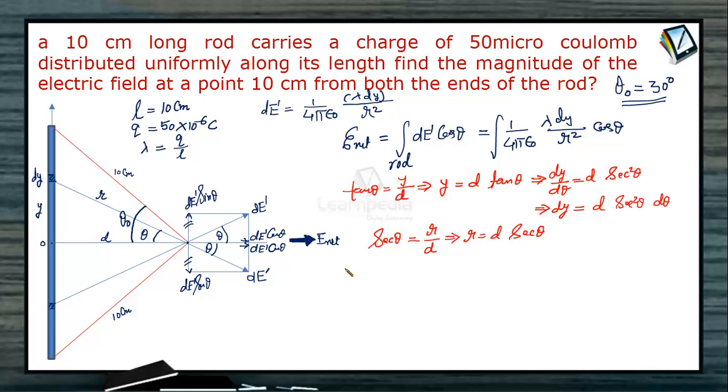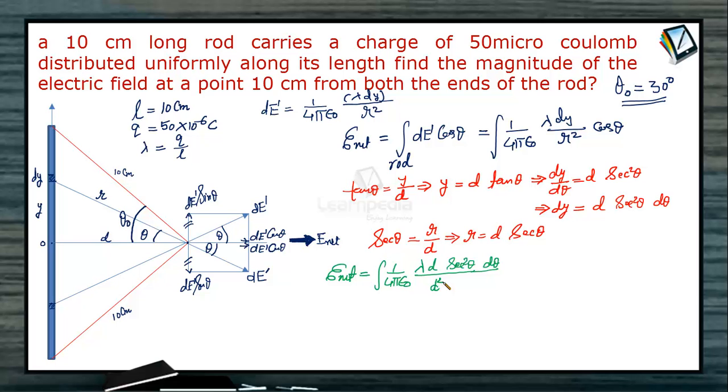So E net becomes how much? Integral of 1 upon 4 pi epsilon naught into lambda into dy. In place of dy, we need to substitute d into sec square theta into d theta, divided by r square.